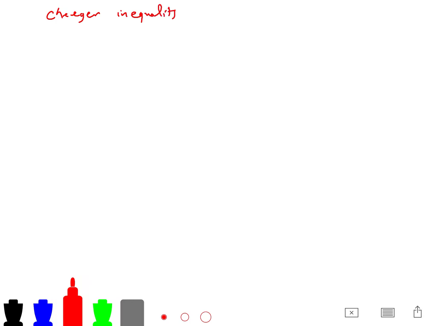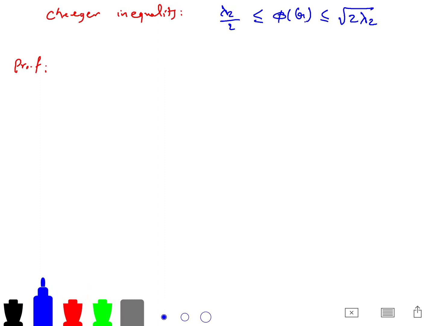I just review it, maybe I've told you before, but the Cheeger inequality says that lambda 2 over 2 and phi of G, your edge expansion, is sandwiched between upper and lower values. But the second eigenvalue plays an important role. So a simple proof, the proof sketch is like this.